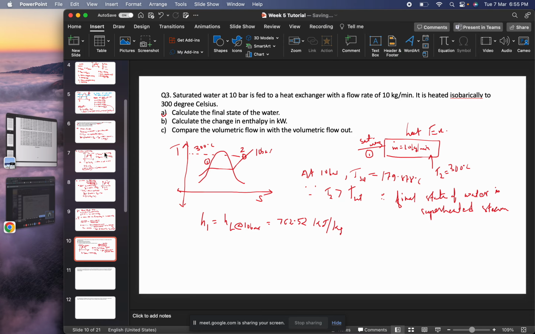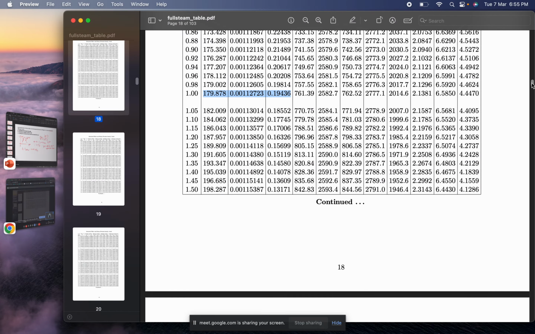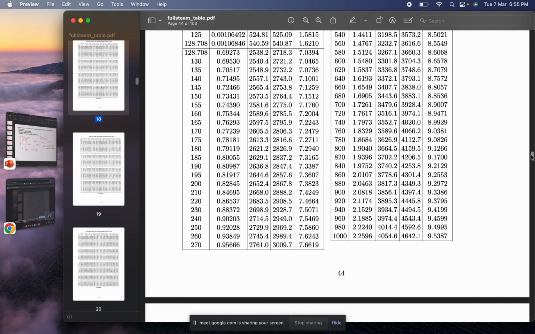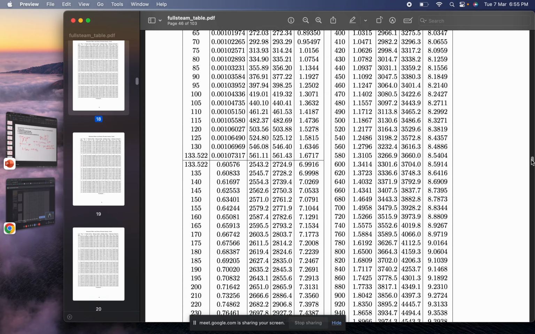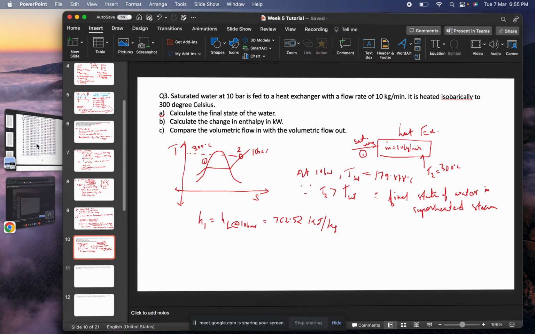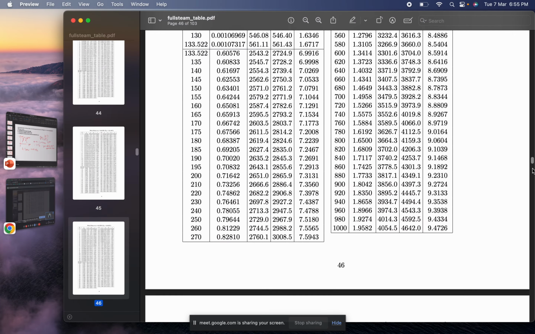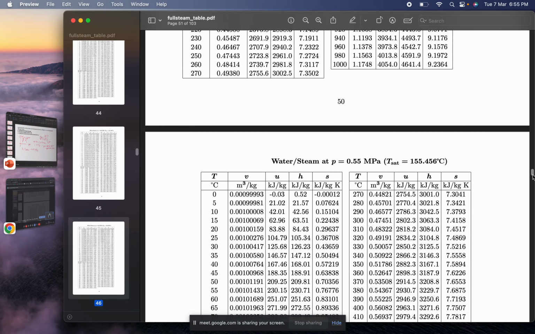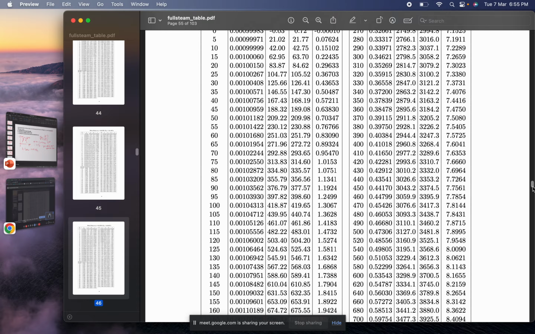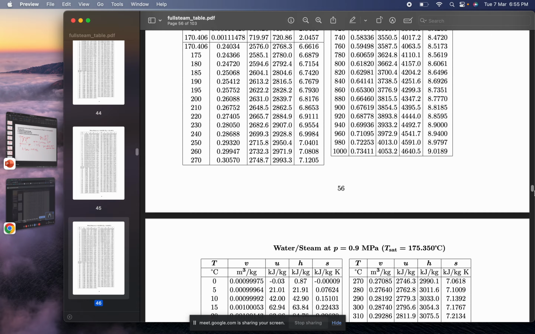So I need to go to the superheated steam table and find out at 1 megapascal, that is 10 bar, at 300 degrees Celsius, what is the value.